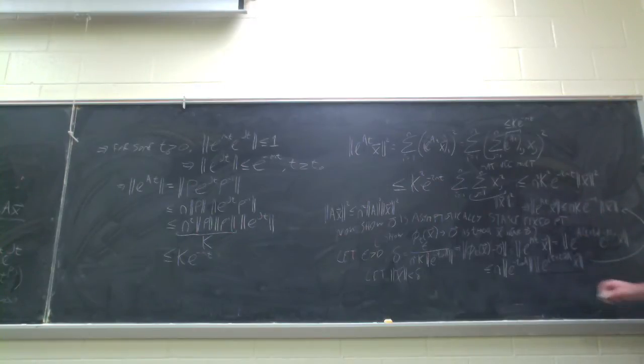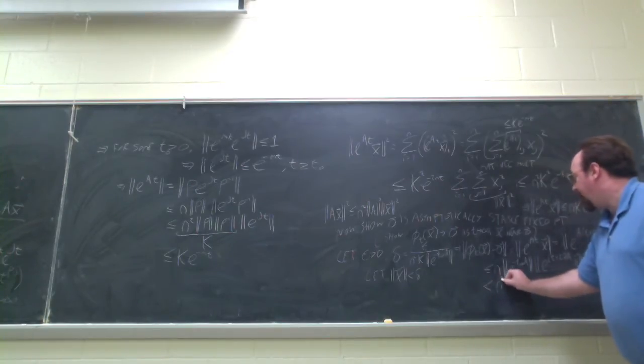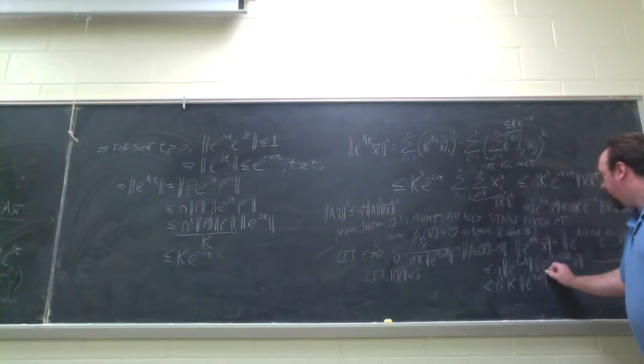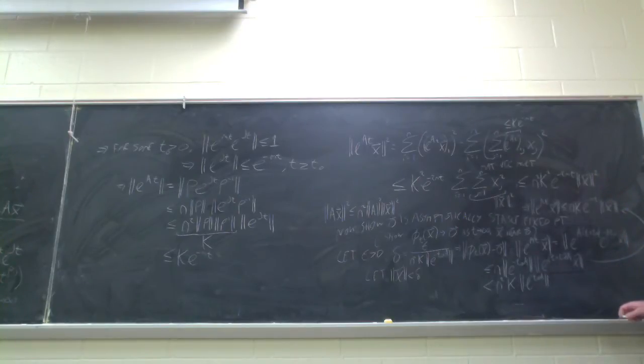So that's going to give me n squared k, this expression, times e to the minus m (t plus t naught) times delta, which has been bound to the norm of x, because we're assuming it's less than delta.